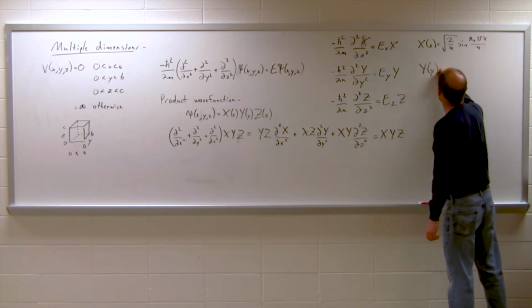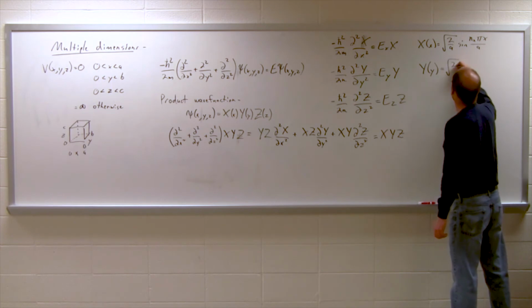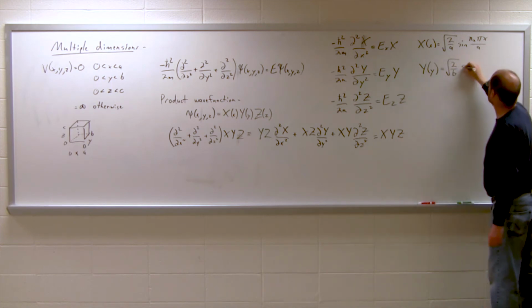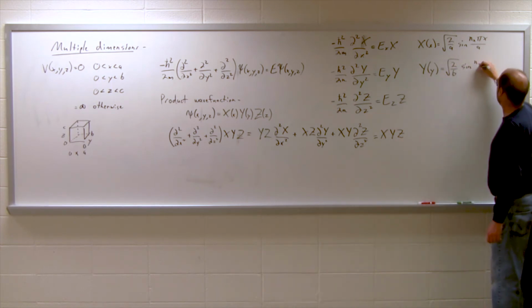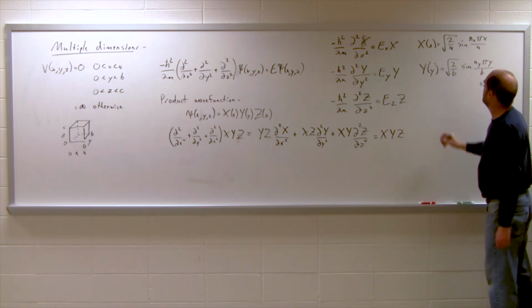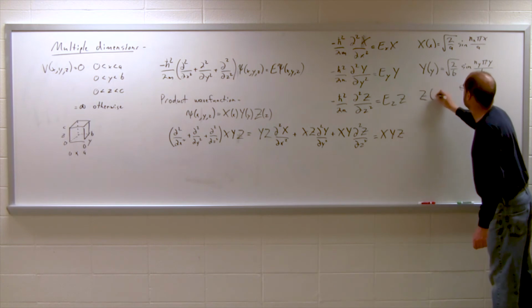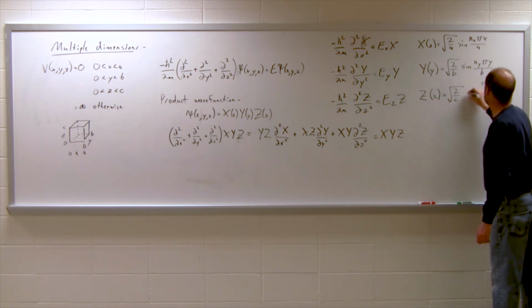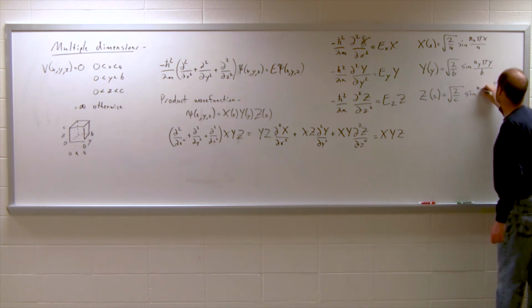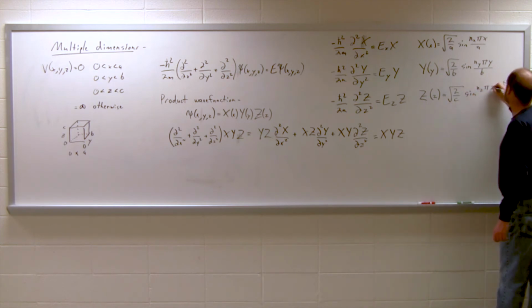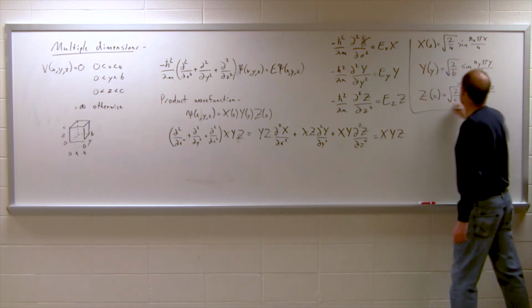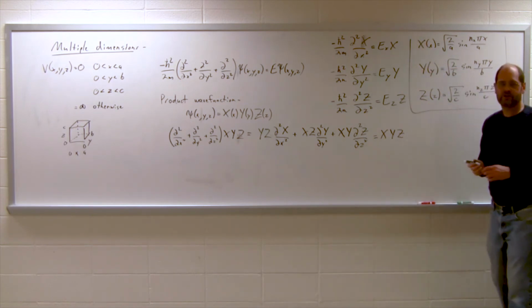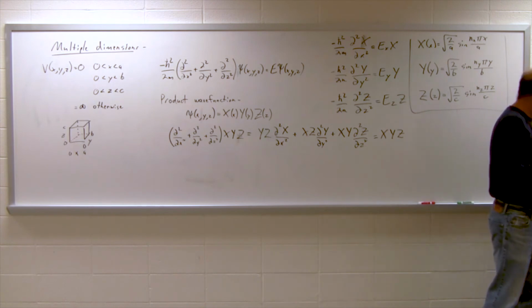Y, a function of y, is equal to the square root of 2 over b sine of n_y pi y over b, and the Z function is equal to the square root of 2 over c sine of n_z pi z over c. There are my solutions for the three-dimensional particle in a box.